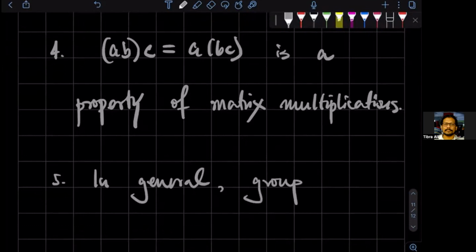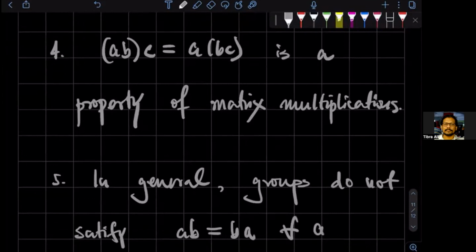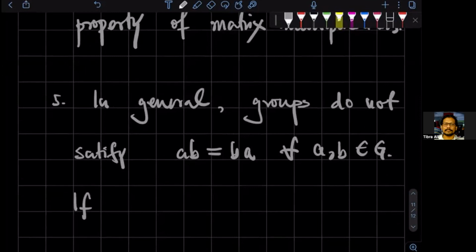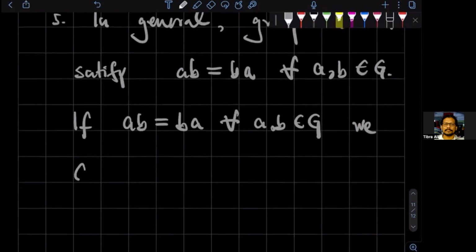Okay? So although associativity is there for group, in general, groups do not satisfy AB equals BA for all A, B in a group. So if AB is equal to BA for all elements in the group, we say that the group G is an abelian group.